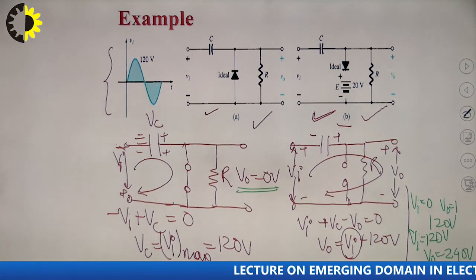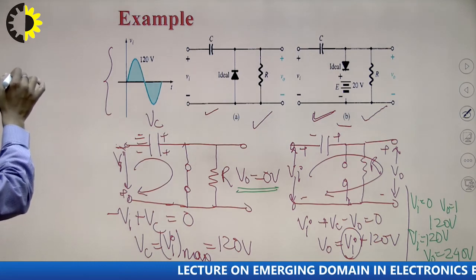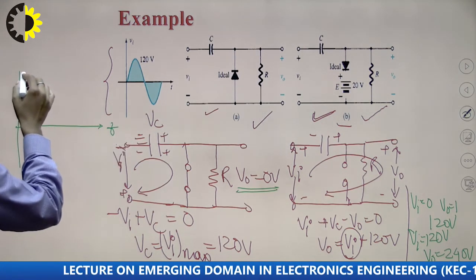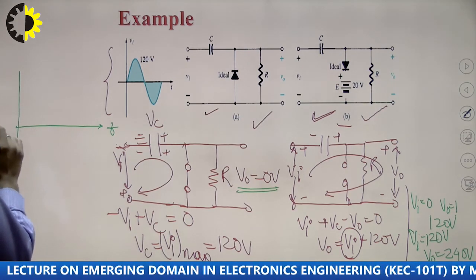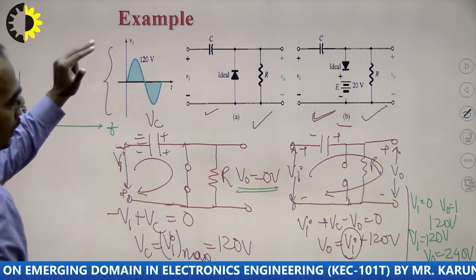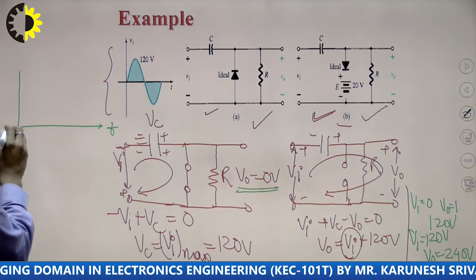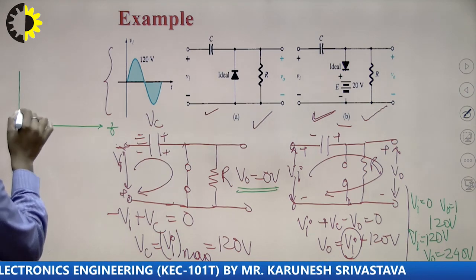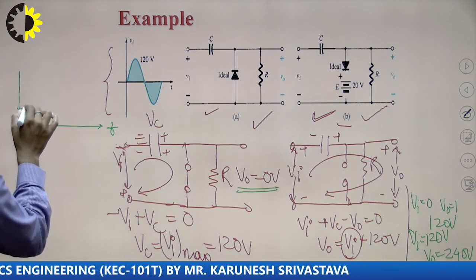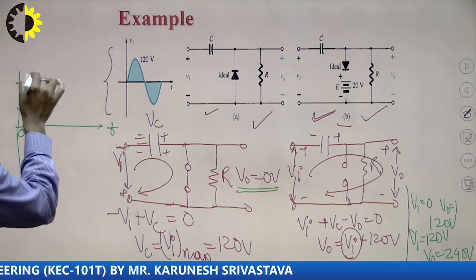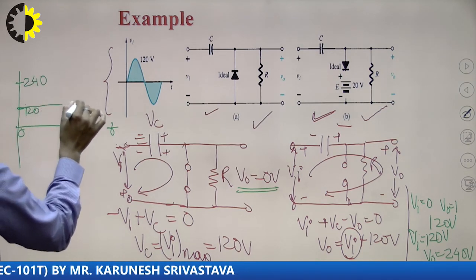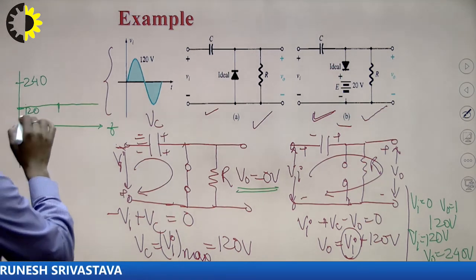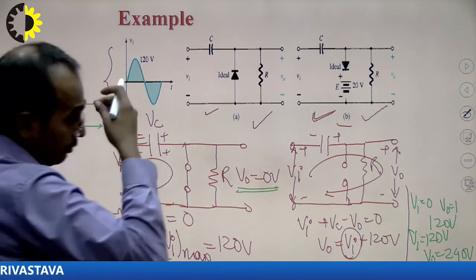So what will be the output waveform? The output waveform will be like this. The input has been shifted from 0 to 120 volt. So I have to consider here, this is 120 and this is 240. So for Vi is equal to 0, we are getting 120 volt output.